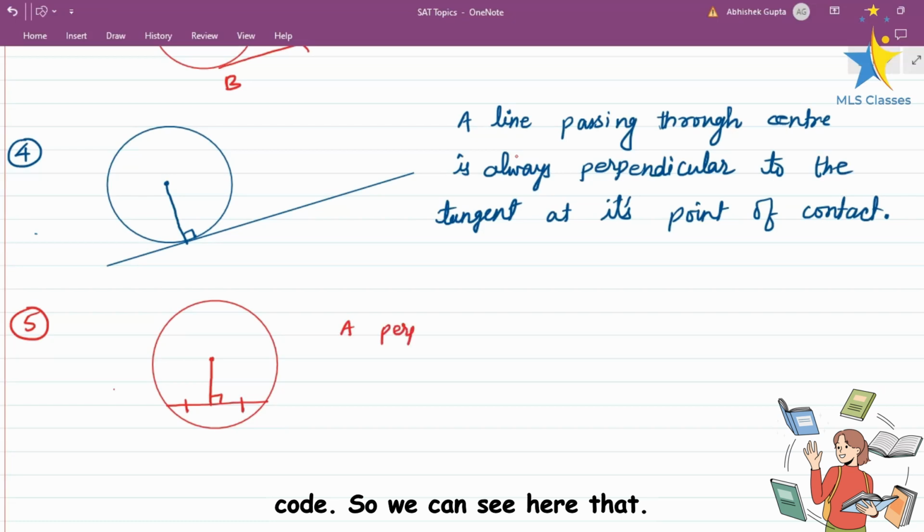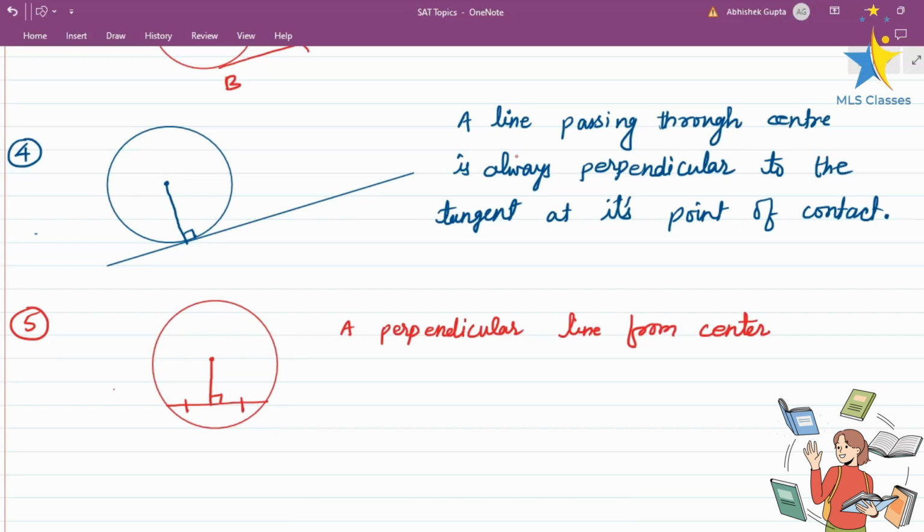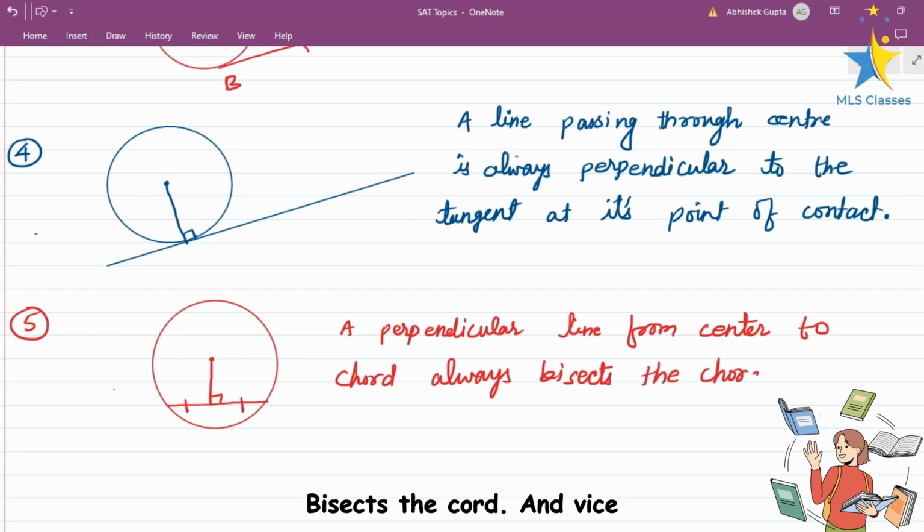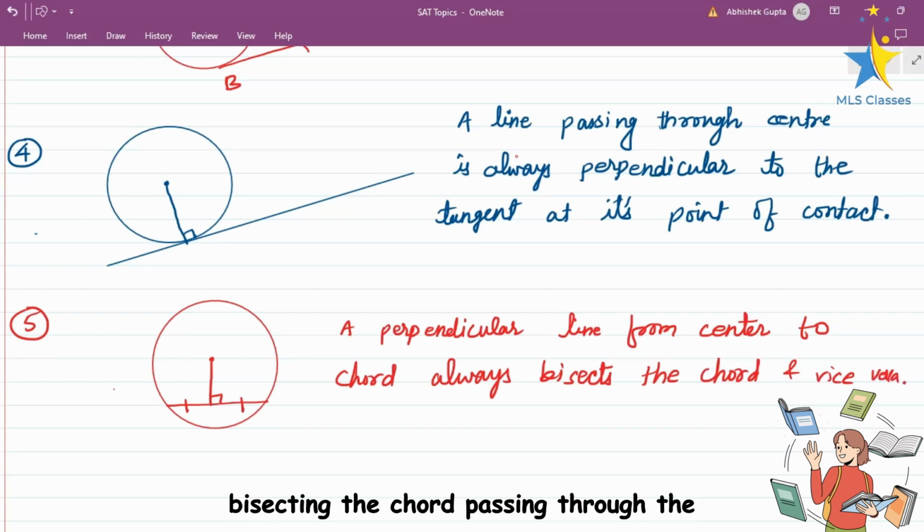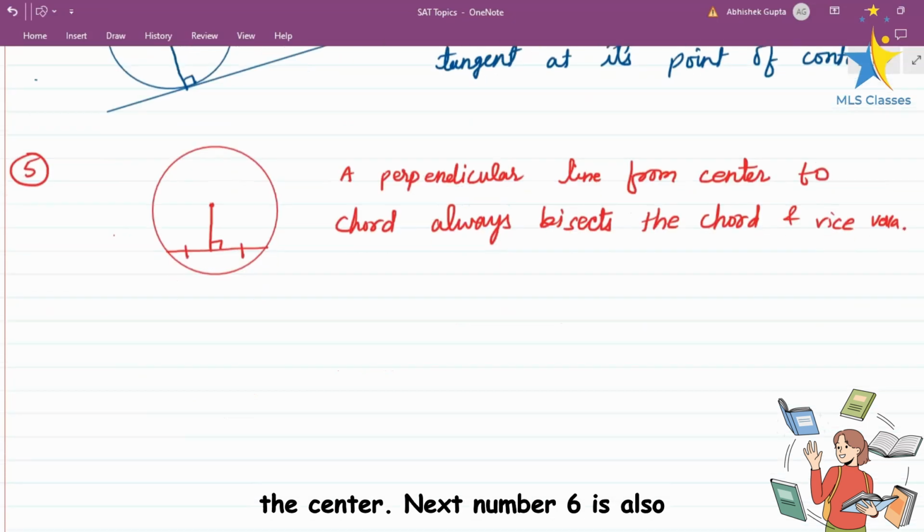So we can say here that a perpendicular line from the center to a chord always bisects the chord, and vice versa. That means if a line passing through the center is bisecting the chord, then that line will be perpendicular to the chord.